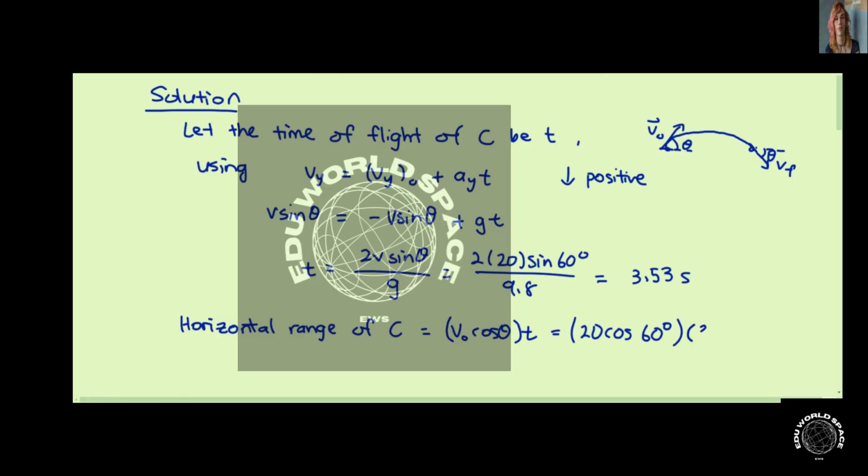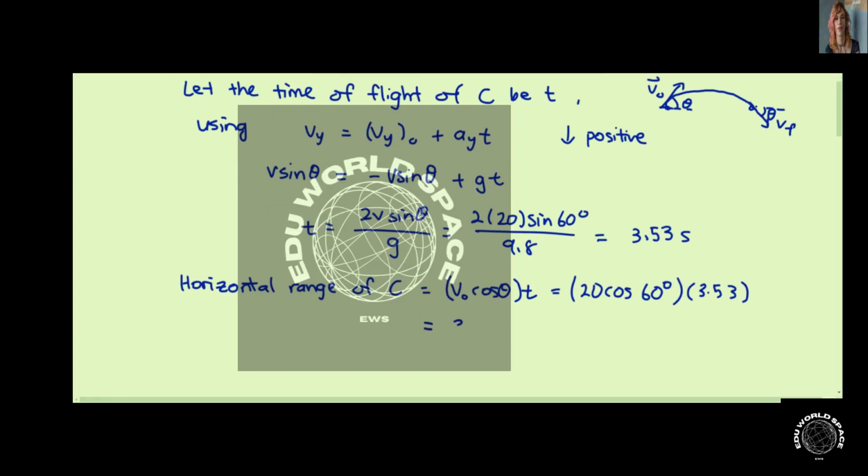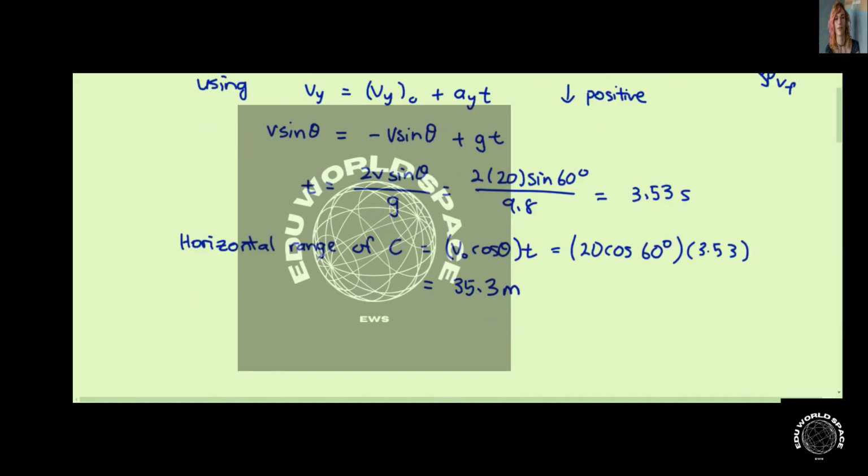Calculate this, you get 35.3 meters. Okay, so this is A, this is B, and then this is the range of the football, 35.3. This is the initial distance between A and B.